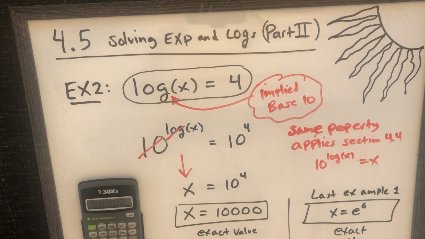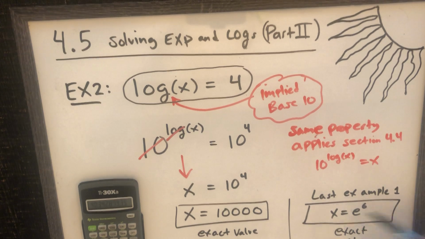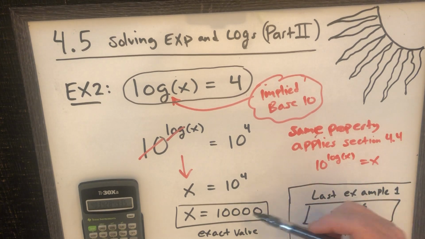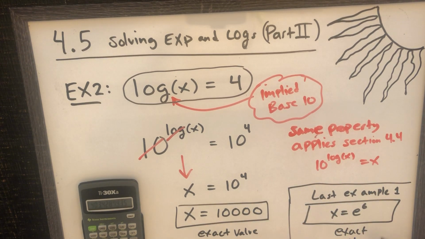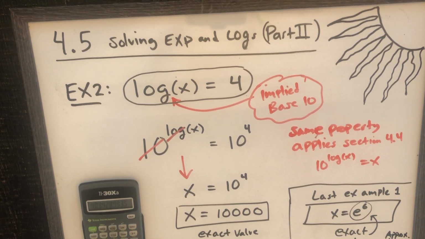Okay. So that's the basic idea. When we're doing exponentials and I ask for the exact value, give me the unsimplified exact value. If I ask for the approximate value, then use a calculator if necessary.